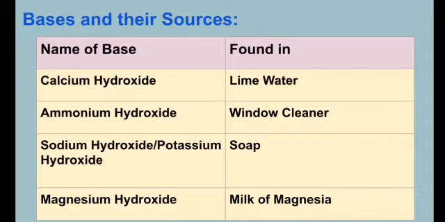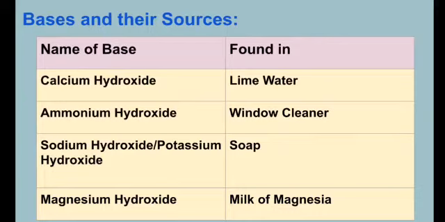So do you know we feel relief on applying baking soda on an ant sting. If an ant bites you anywhere, if you apply baking soda on it, you will feel relief. Why? Because as we know, in an ant sting there is an acid present, which we discussed in the table.